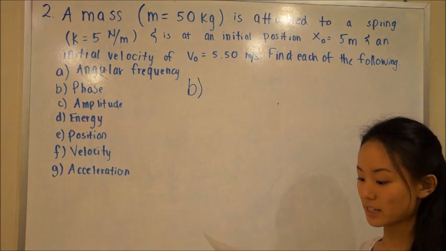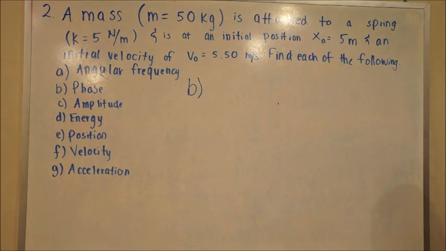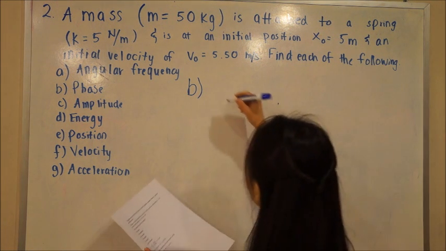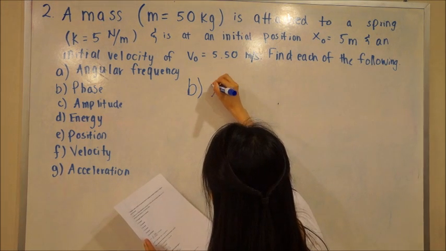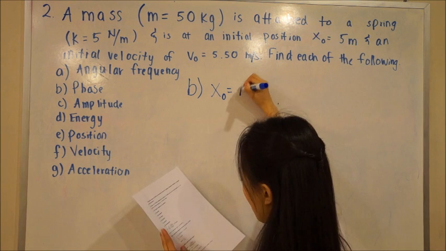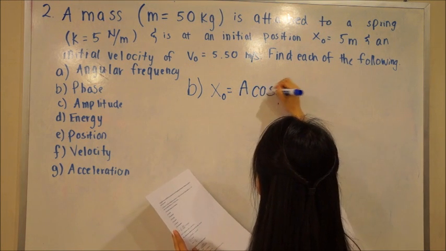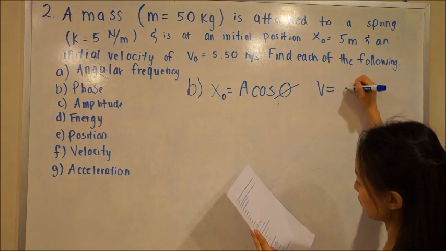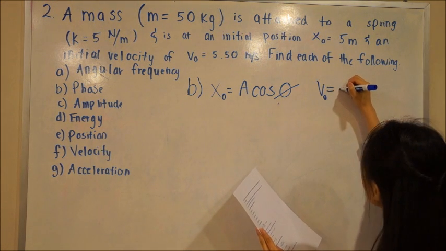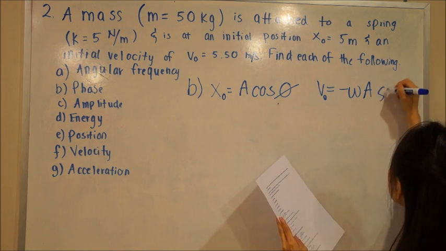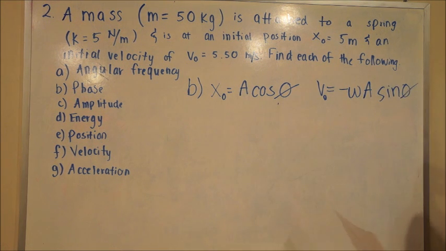And to find the phase, you know that at time t equals 0, the position is at its initial position and velocity is also at its initial velocity. So you can use the initial position is equal to the amplitude times cosine of phi, and the velocity equals negative omega times amplitude times the sine of phi.